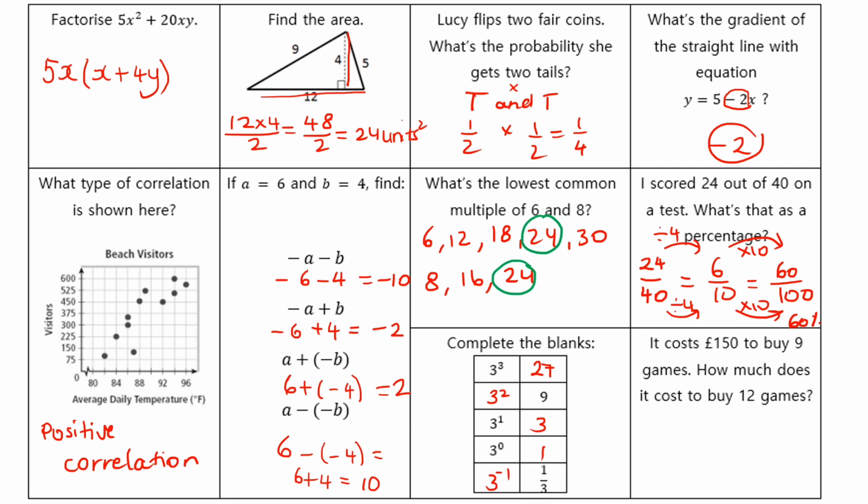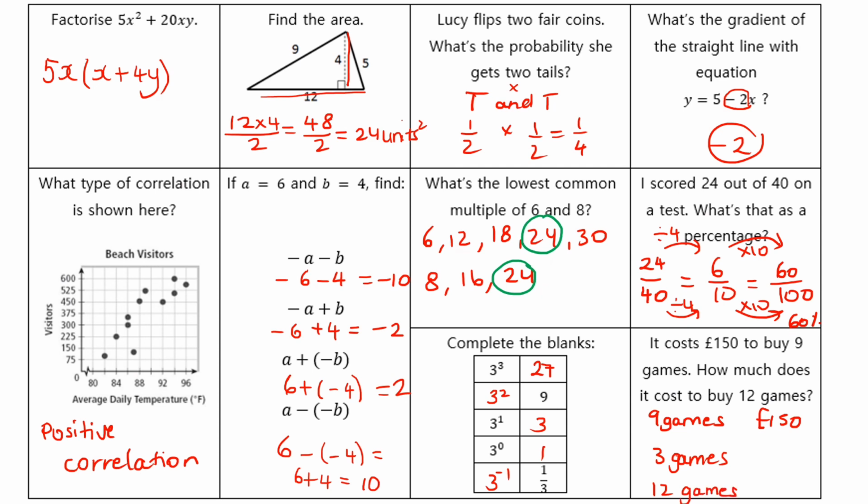It costs £150 to buy 9 games. So if 9 games are £150, in order for us to go down to 1, we could divide it by 9, or 9 and 12, 3 goes into them. So I could go down to 3 and then times it by 4 to go up to 12.